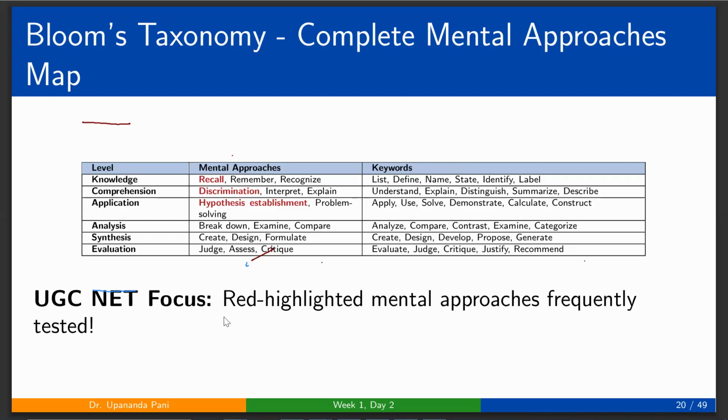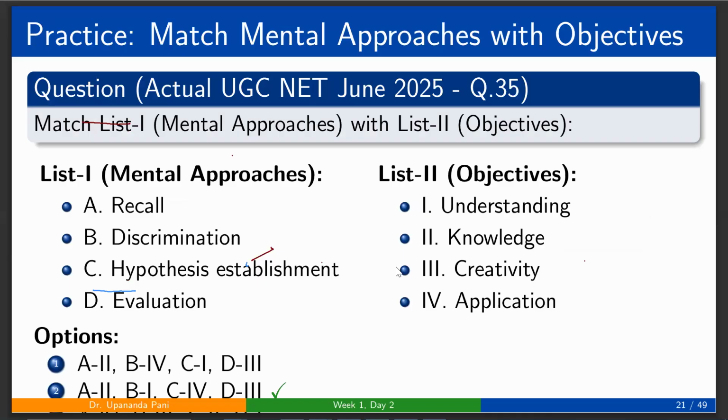So now for the UGC NET, the red highlighted mental approaches are recall, discrimination, hypothesis establishment. These are frequently asked questions. We will see how the questions are coming. Now you just see, this was a question which was there, I think, last year, June 2025.